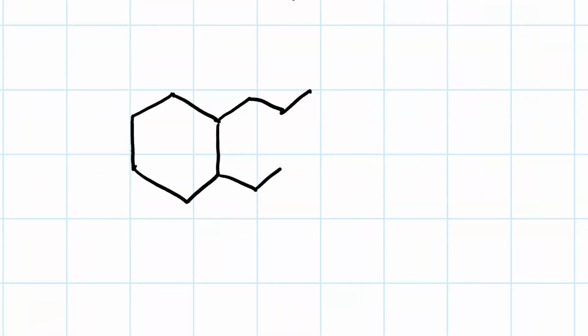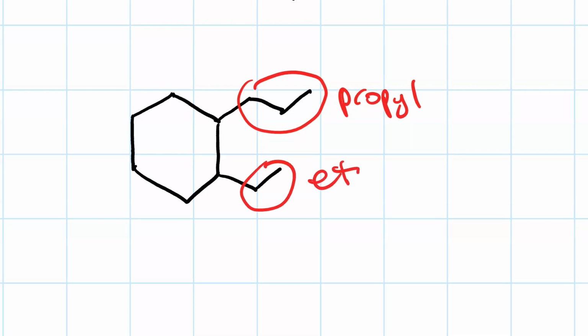What about when you have 2 substituents? We have a propyl and an ethyl. We can number the propyl number 1 and the ethyl number 2 and go clockwise, or we can number the ethyl number 1 and the propyl number 2 and go counterclockwise.